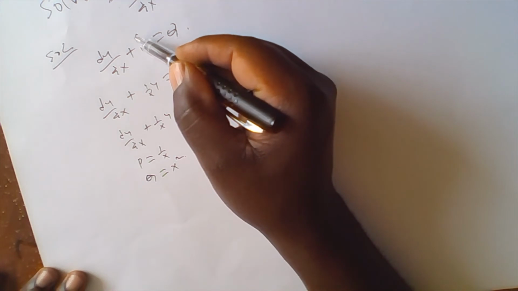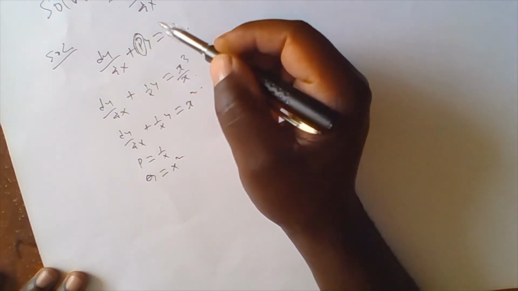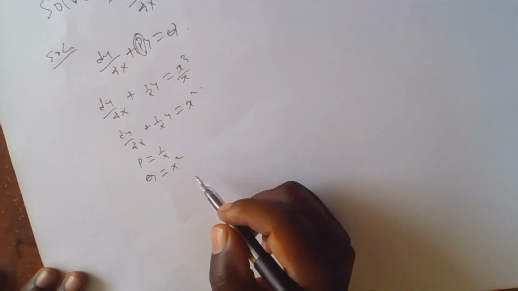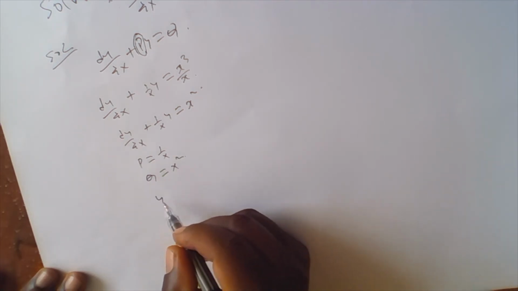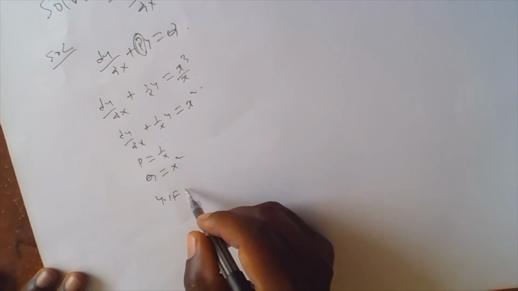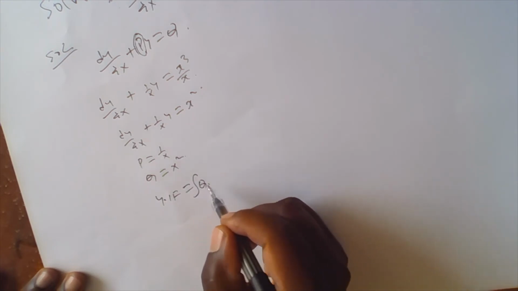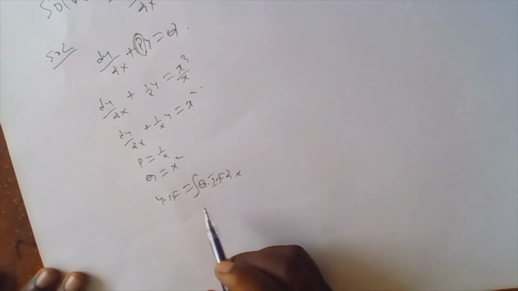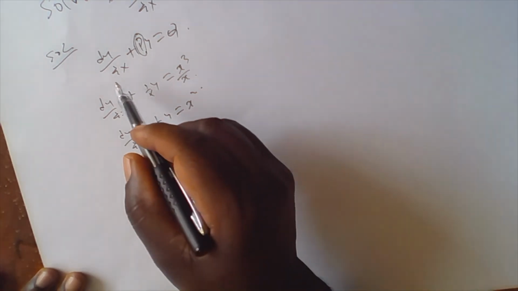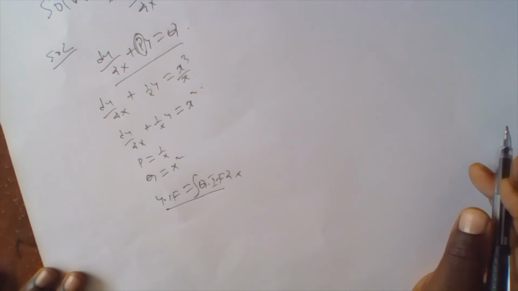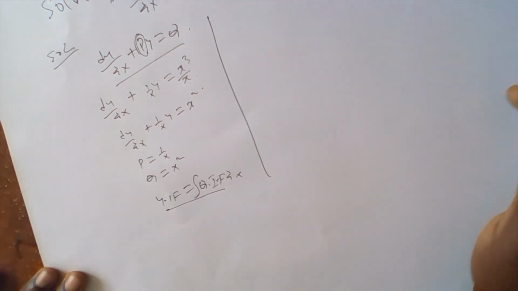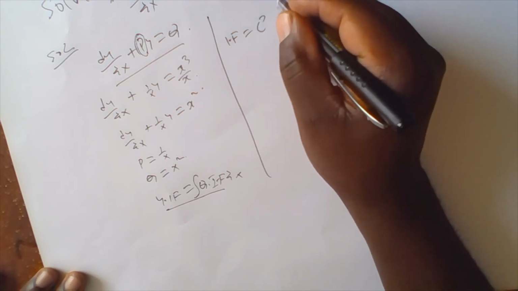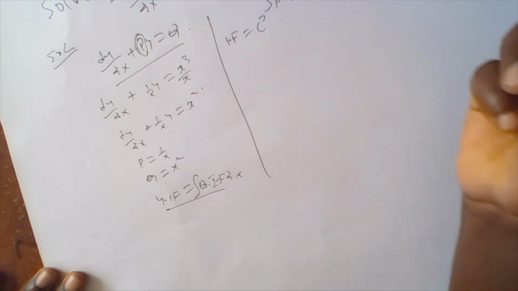We have said that the solution of this kind of equation is given by y times the integrating factor equals the integral of q times the integrating factor dx. And we have again said that the integrating factor is given by exponent integral of p dx.